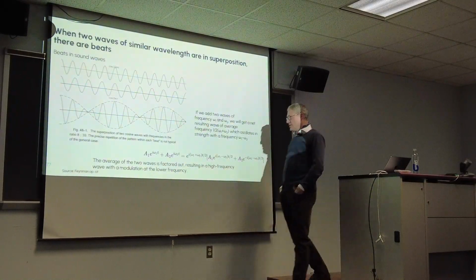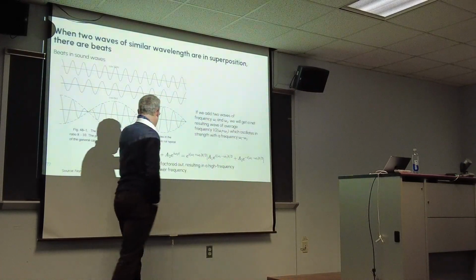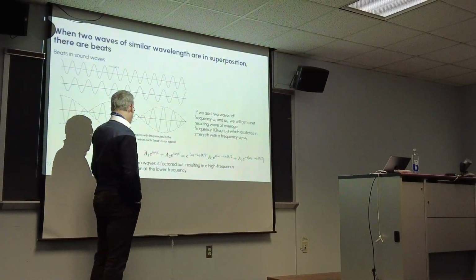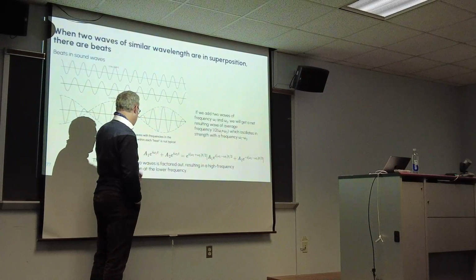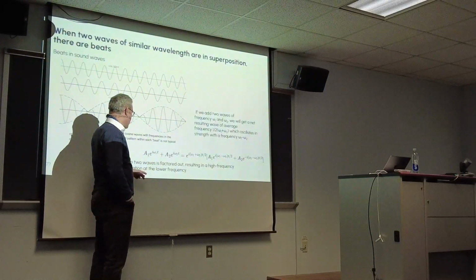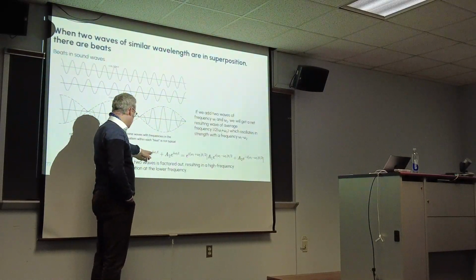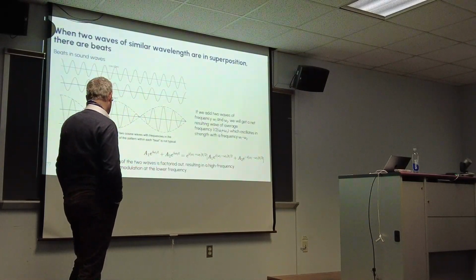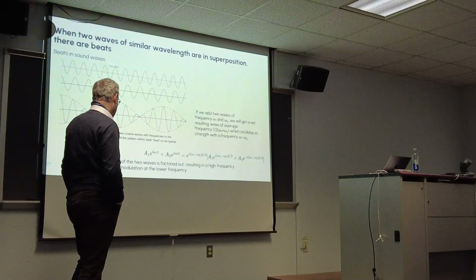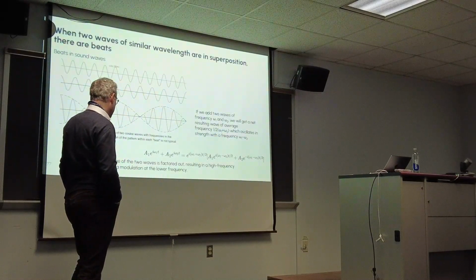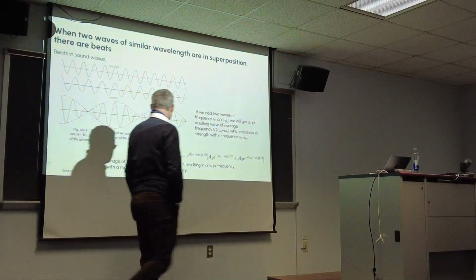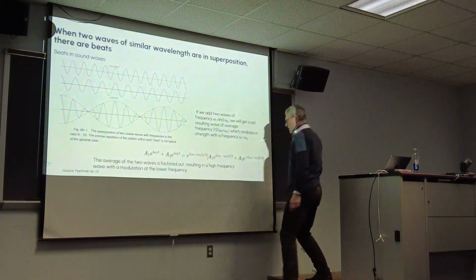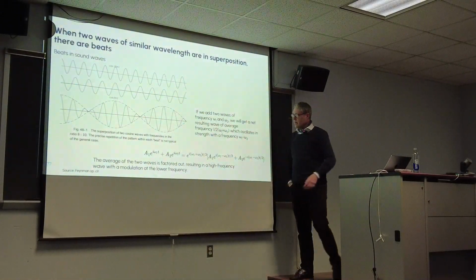So this is the wave equation for the two waves, and you see here the amplitudes A1 and A2 of the waves, and this is the wave frequency. Now you can basically factor out the average of the two waves, and then you have a high frequency wave with a modulation of the lower frequency, right? So this is what you get.